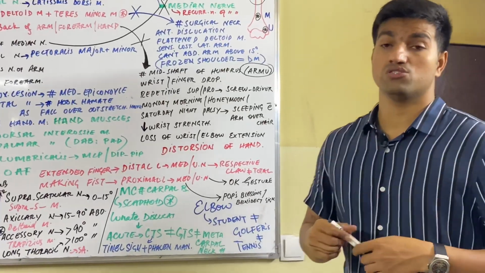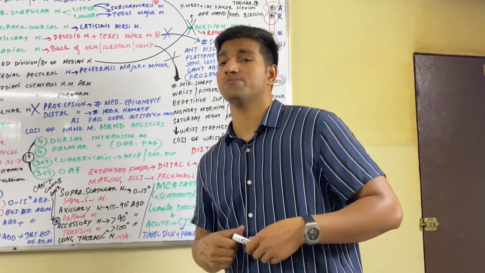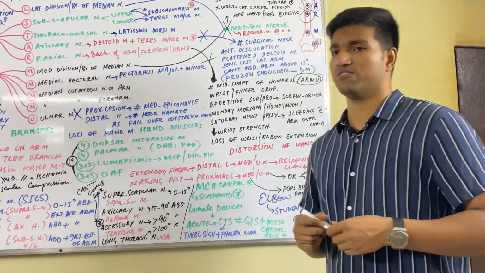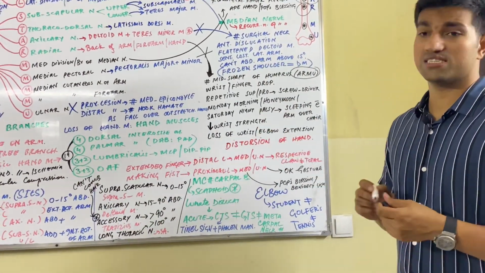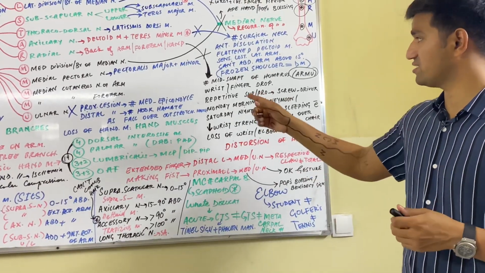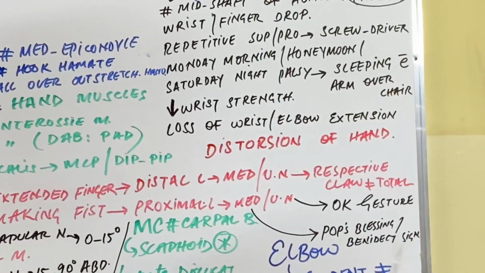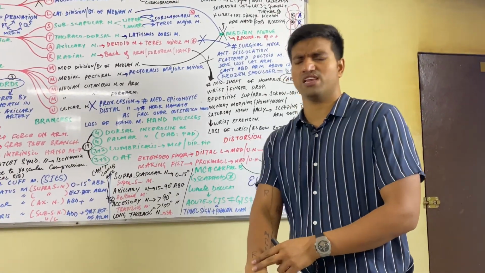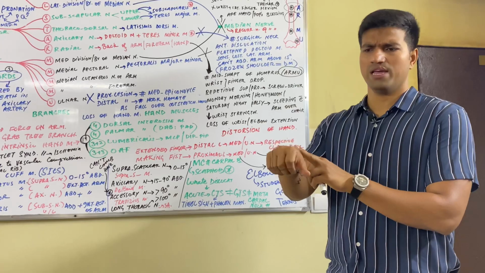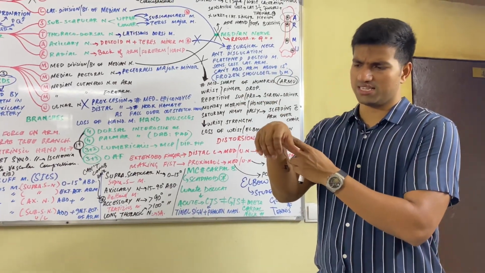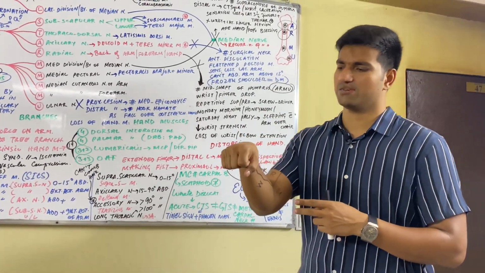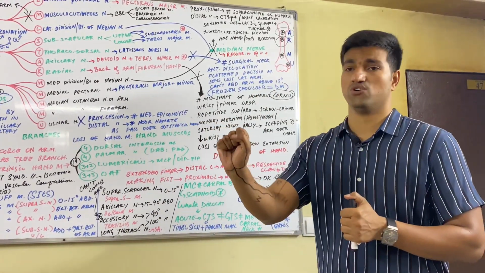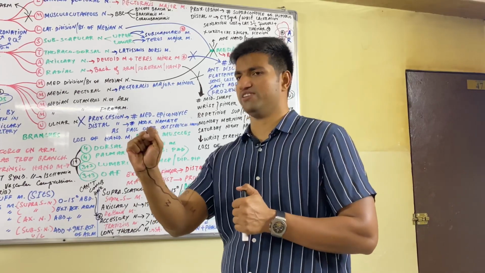And maybe the usage of crutches. A disabled person uses crutches for walking, and they may irritate our radial nerve. Then wrist strength will be down because, as I told you, the radial nerve innervates all the posterior compartment of the arm. So what will happen? Wrist drop, finger drop, and if there is a loss of extension, then wrist strength is weaker as compared to the extended wrist joint strength of the fist.